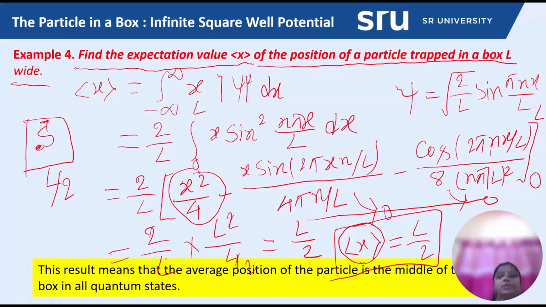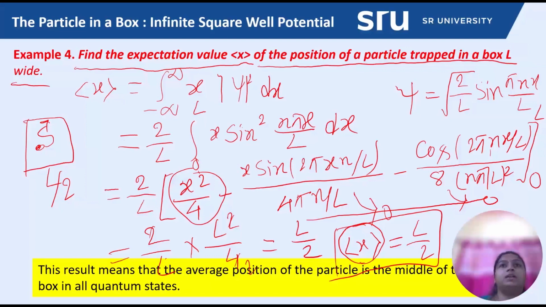So these are the various parameters when considering the particle in a one-dimensional box. We have found that the minimum energy the electron can have is 38 electron volt in the ground state.